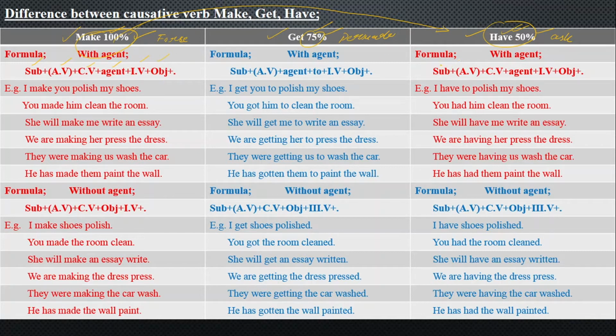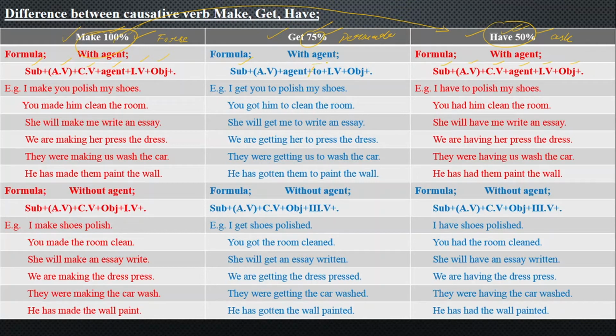And here we have the formula subject, auxiliary verb, causative verb have, agent, first form of the verb, object, and full stop. The difference we recognize is in blue, that is causative verb get: subject, auxiliary verb, get, agent, to plus first form of the verb, object, and full stop.